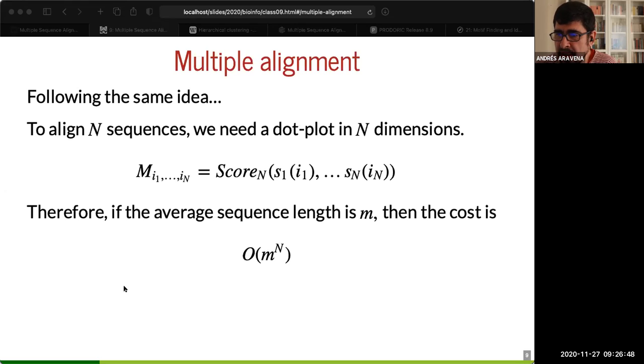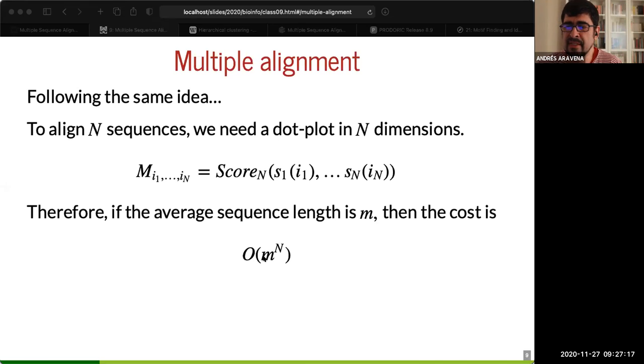Okay, and then second point, if doing it for 2 sequences was filling a rectangle, doing it for 3 was making a cube or a parallelepiped, and doing it for 4 is a hypercube, and so on. You realize that the volume of these things, the hypervolume, if you like, depends on the number of dimensions.